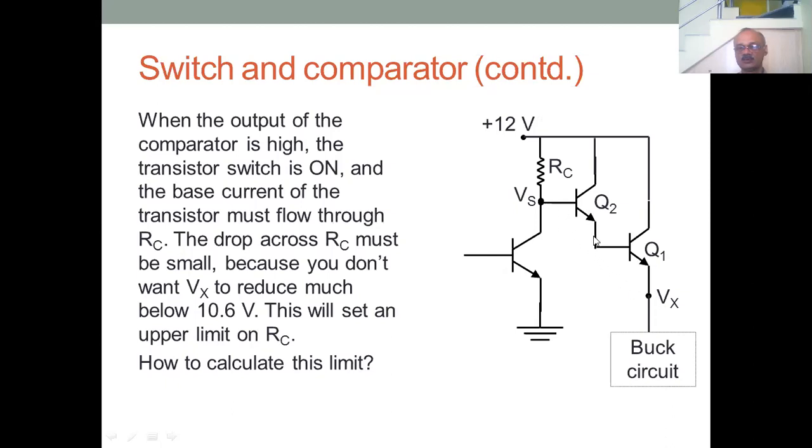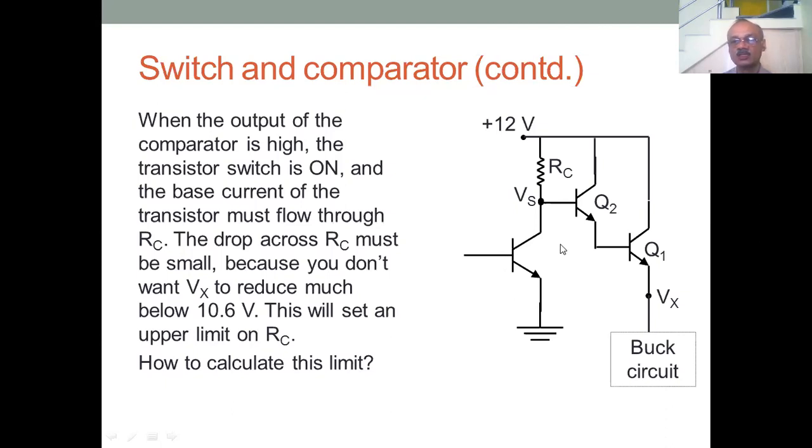So when Vs is high, the voltage here inside the comparator chip is going to be low and this transistor is going to be off.